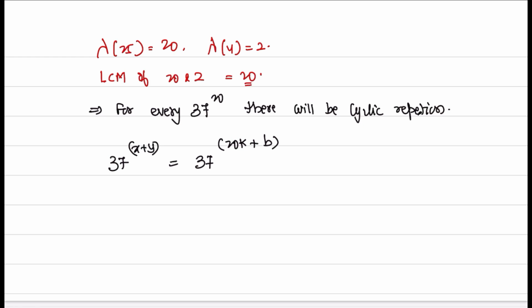And now, in principle, the first requirement for finding x plus y is that x plus y will be in the form of 20k plus b.